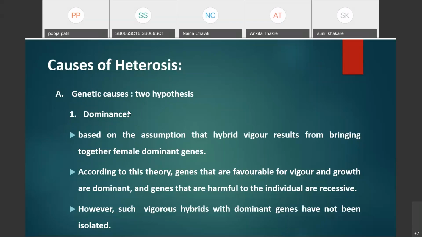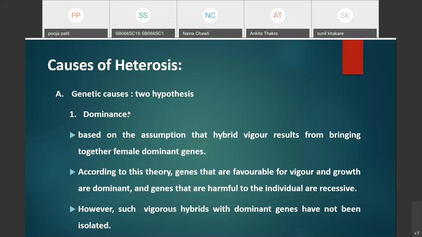Here the first one is the dominance. This hypothesis is based on the assumption that the hybrid vigor results from bringing together the favorable dominant genes. As per this hypothesis, the genes which are favorable for vigor and growth are dominant, and the genes that are harmful to the individual are recessive.